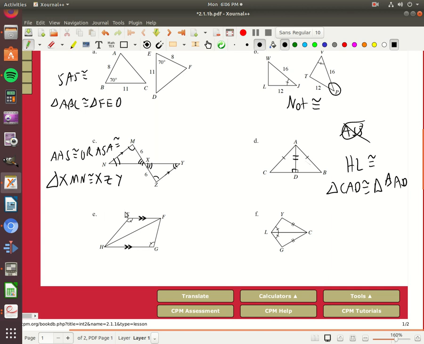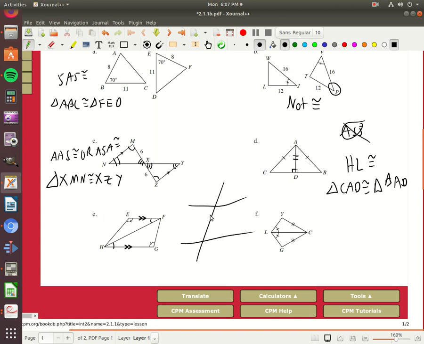All right, E looks a little bit crazy. So again, don't forget, we have these parallel lines here, which means that this transversal means that these angles are going to be alternate interior angles. These angles won't necessarily be, because they're not alternate interior angles. They're not being pinched there by the transversal. I don't really want to go too much into why they're not, but I guess the idea would be this.